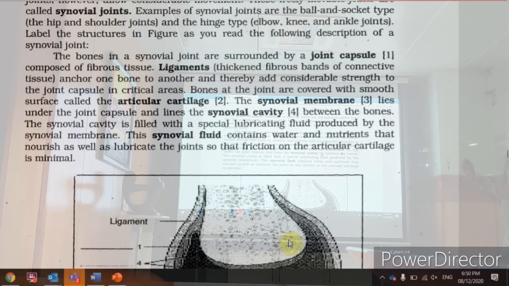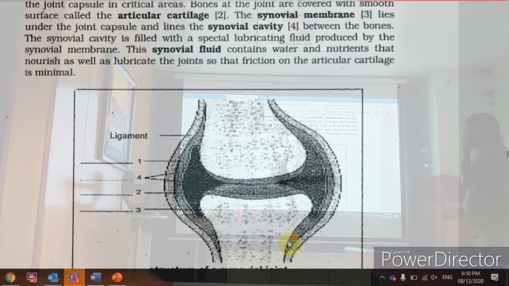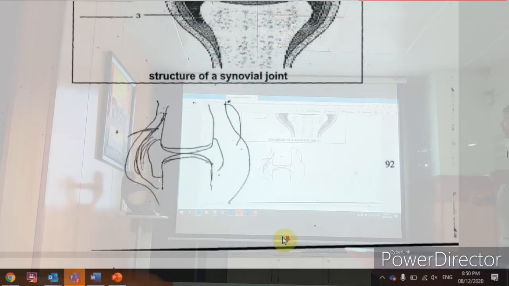Again, naming is enough. Synovial membrane comes. Scroll down. Synovial membrane is on top, and synovial cavity is inside. Okay. This tends to get resorbed as it ages. It begins to resorb. All right. It lubricates. Next.